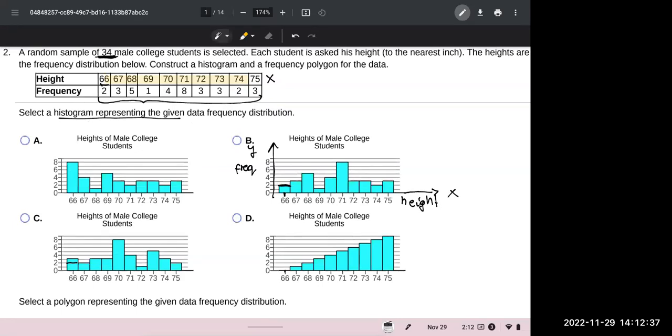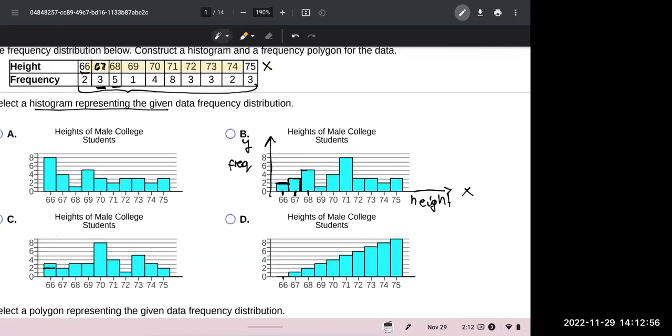So this is good. Now for height 67, frequency is 3, so the height of the bar should be 3. So it's correct. Then for 68, frequency is 5, so the height of the bar should be 5 right here.